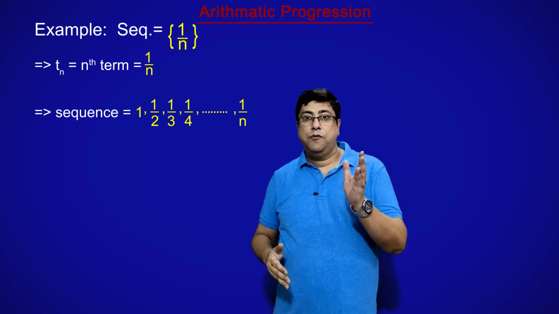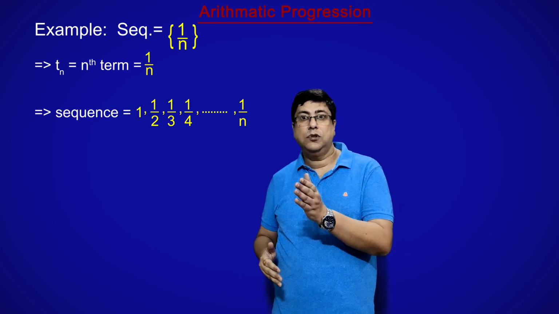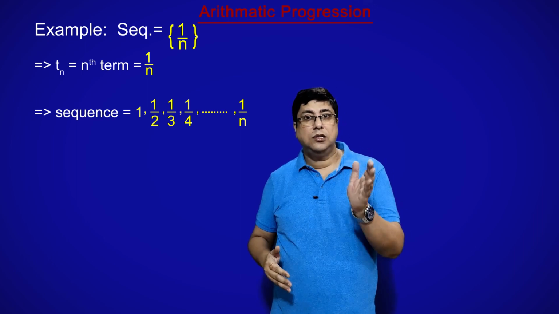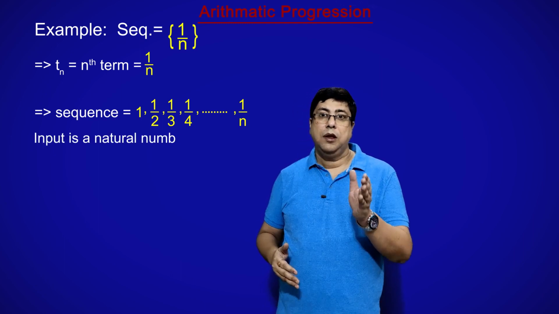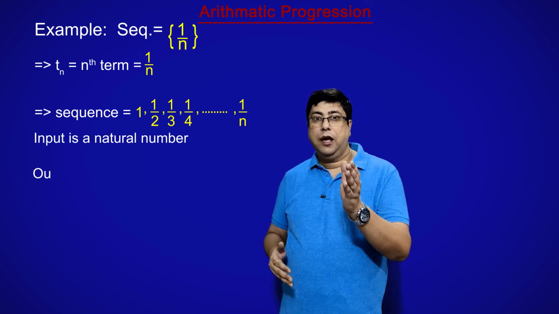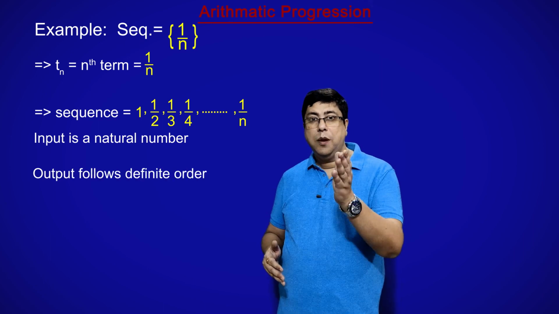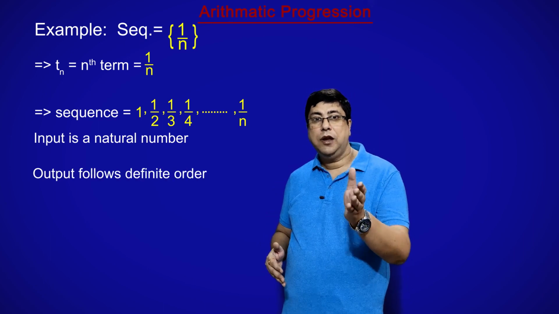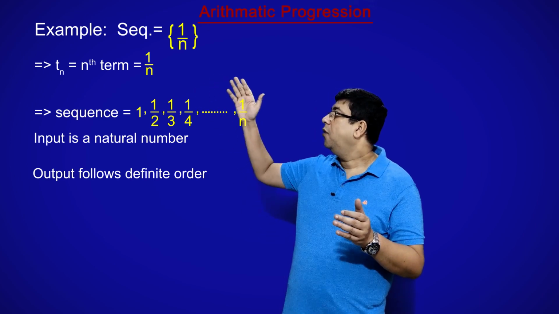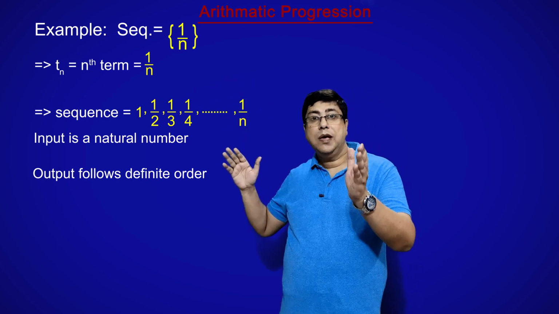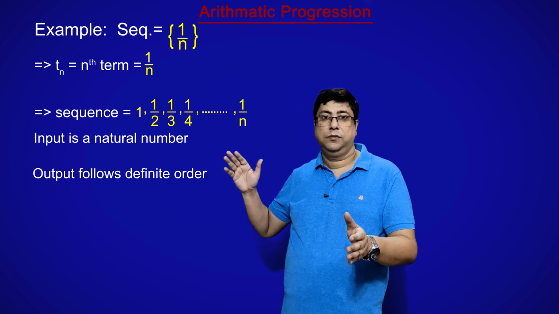The first term, second term, third term, fourth term, this is called the domain, the input. It must be some natural number. But the result, that is the output, follows some definite order: 1 by 2, 1 by 3, 1 by 4, 1 by 5. These are obviously real numbers.